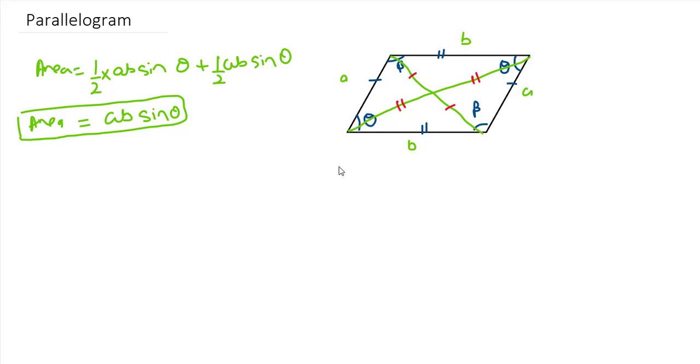So theta plus beta will be equal to 180 degrees. Since they are lying between two parallel lines which are cut by a transversal, these will be co-interior angles and their sum will be equal to 180 degrees. Apart from these, all the properties that are applicable for a quadrilateral will also be applicable to a parallelogram.